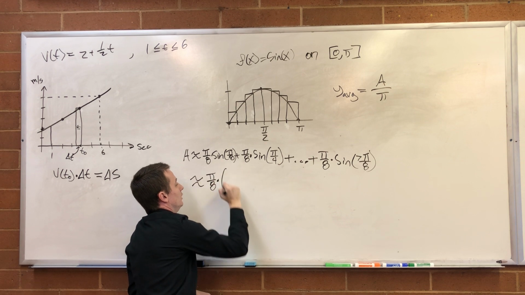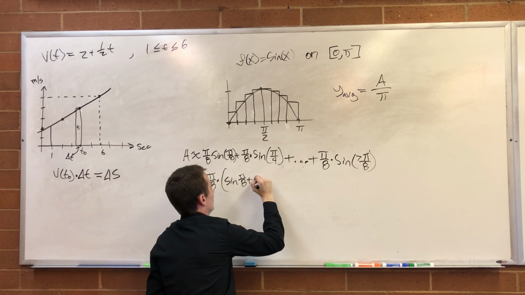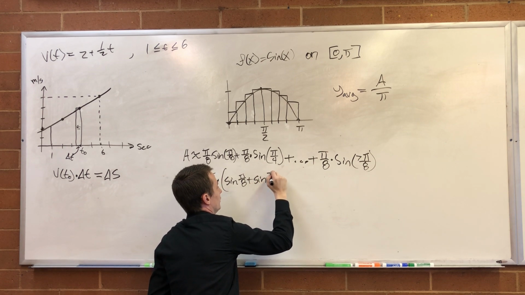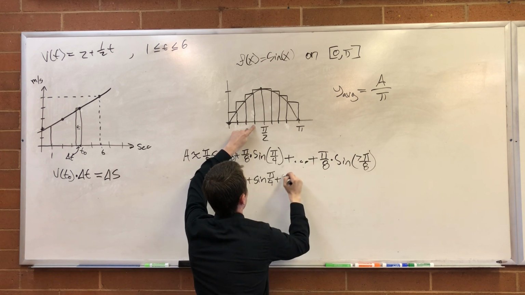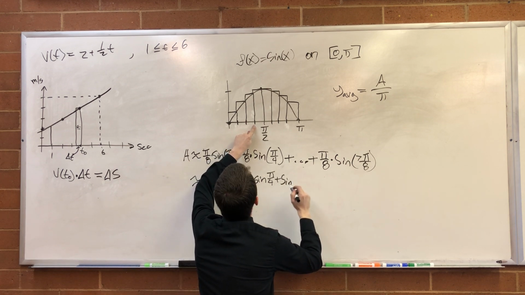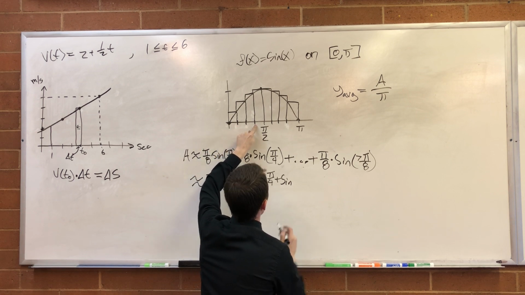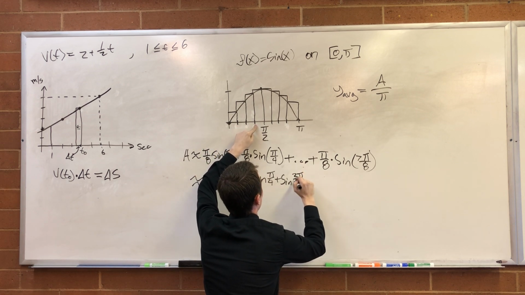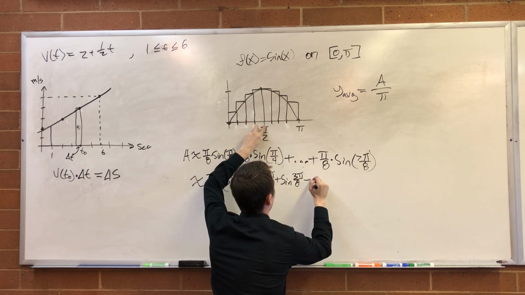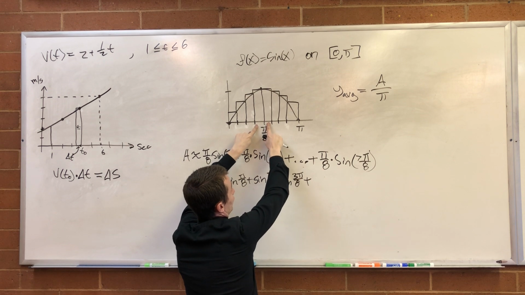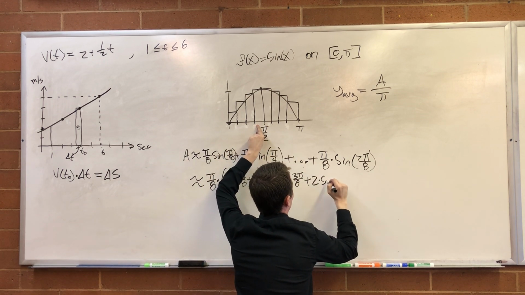So sine of pi over 8 plus sine of pi over 4 plus sine of 3 pi over 8 for that rectangle, plus, notice that both this rectangle and this rectangle use sine of pi over 2, so we'll have 2 of those, 2 sine of pi over 2.